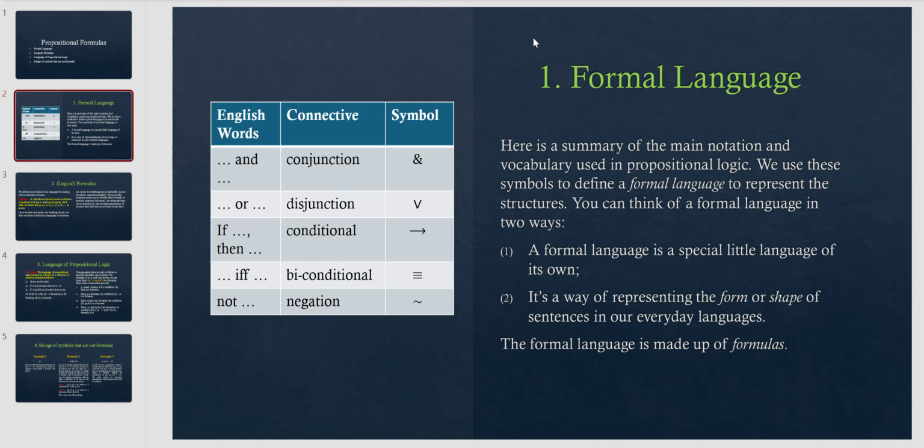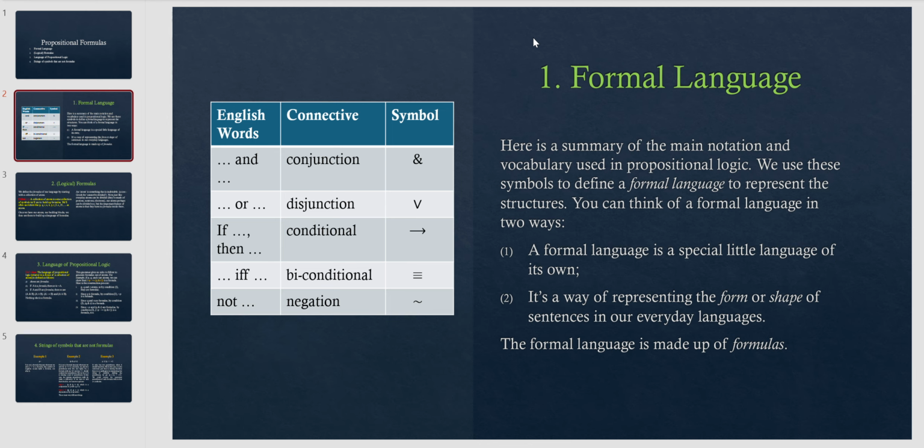Formal language. Here is a summary of the main notation and vocabulary used in propositional logic. You can see this vocabulary in the table. There are 5 English words here, and each of them is related to a special kind of logical connective.